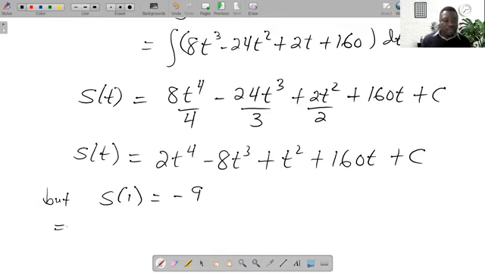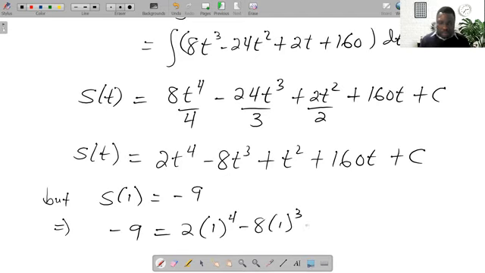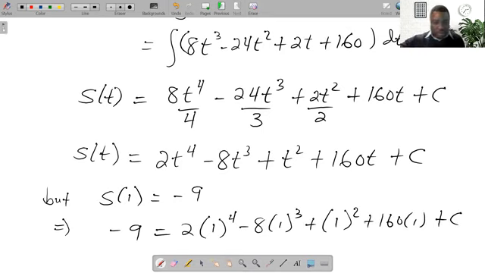Okay, that tells me that then -9 will be equal to 2 times 1 to the 4th minus 8 times 1 to the 3rd plus 1 to the 2nd plus 160 times 1 plus C. And we should be able to get the answer from there.